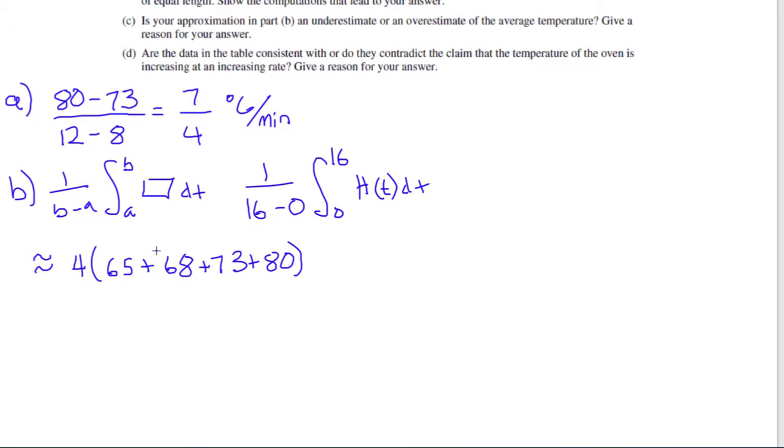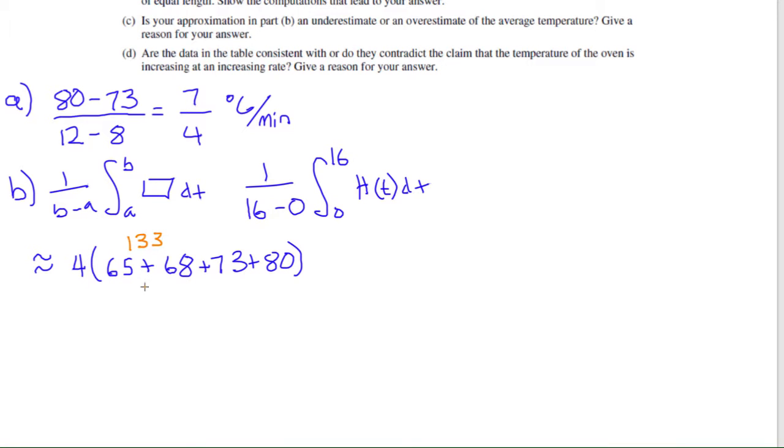I just need to figure out what this is. Adding these all together, what's the quickest way to do this? There's not a really nice way, so let's do one at a time. 65 and 68 is 133. Add 73, and that goes to 206, so 286 with the 80, and then times 4.